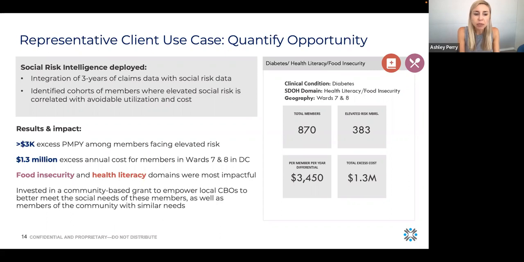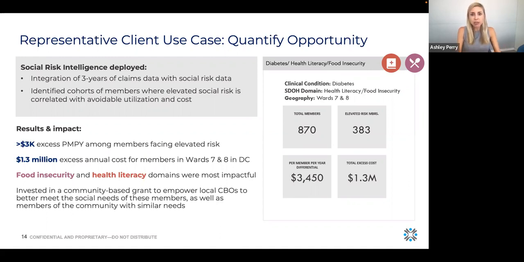And so to share one specific example from that kind of analysis with you, when we looked across their full member population, we saw that if you control for demographics, geographic considerations, clinical acuity, and you really isolate on the members that have similar factors across those three domains, really where the difference is the level of social risk that they face, we do see consistently across their full member population elevated costs for members that are at higher risk.